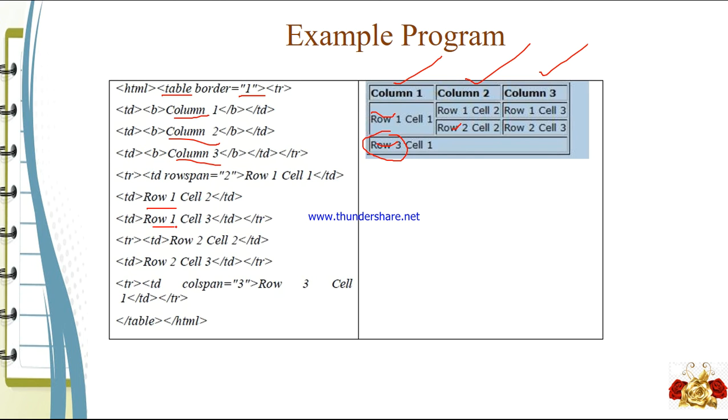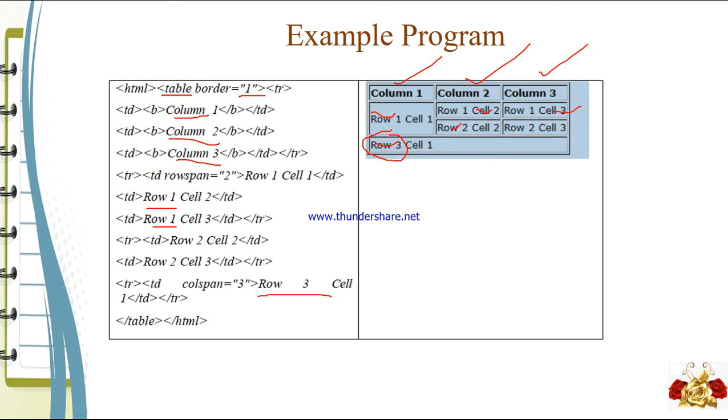Each row has a number of cells: row 1, cell 1; row 1, cell 2; row 1, cell 3.